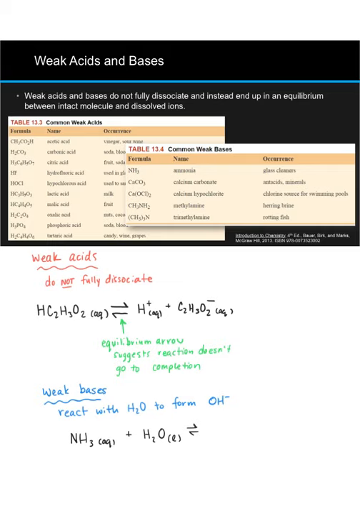It doesn't go to completion, meaning that not every single ammonia molecule that's mixed with water will steal a proton from a water molecule. Instead, a balance is reached, and this reaction achieves an equilibrium. When ammonia steals a proton from water, it gets an extra H and an extra charge.